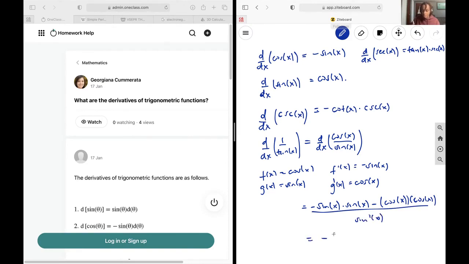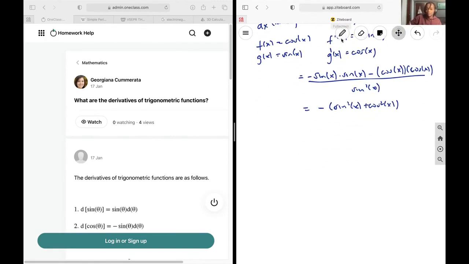We know that this is the negative of sine squared x plus cos squared x all over sine squared x.